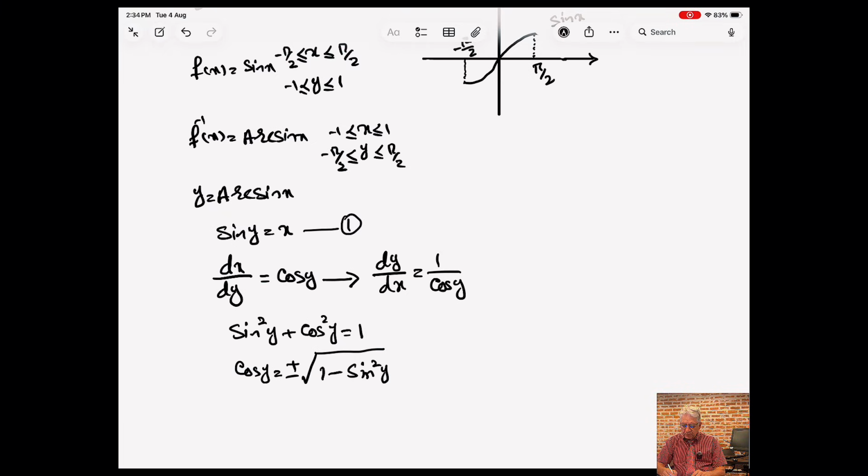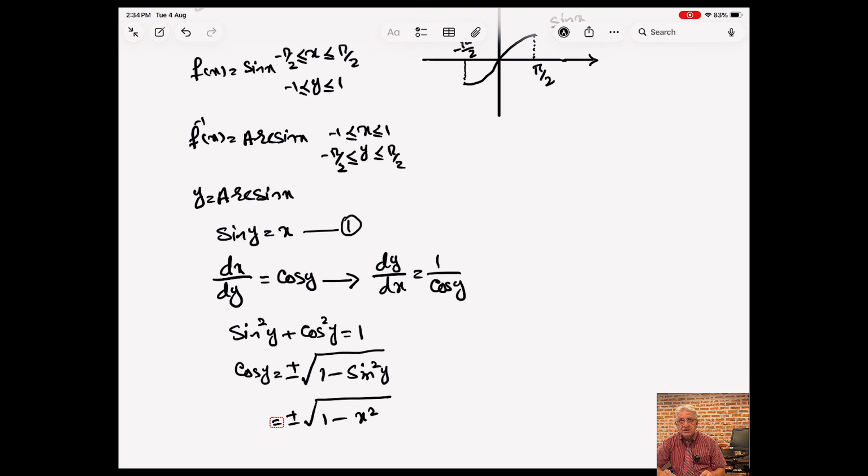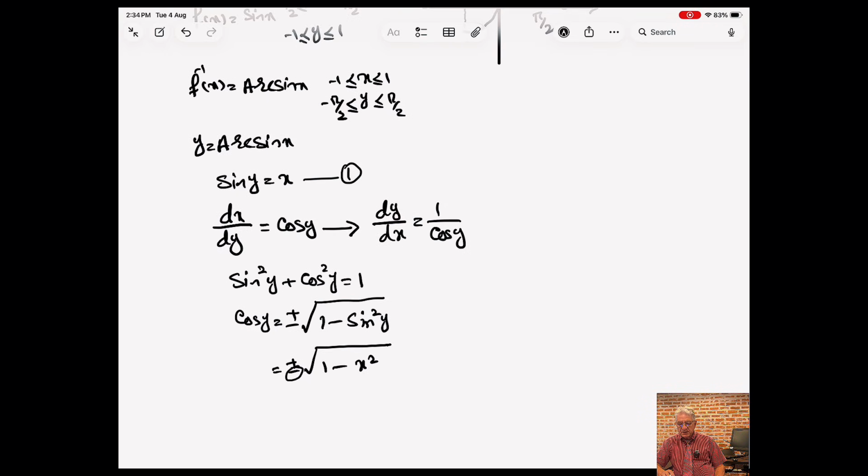Okay, now sine square of y is x squared, therefore this is plus or minus square root of 1 minus x squared. But note that y is between negative pi over 2 and pi over 2. That means it is in the fourth quadrant or first quadrant. Cos is always positive. Therefore, this negative is not accepted anymore. Therefore, cos y is equal to square root of 1 minus x squared.